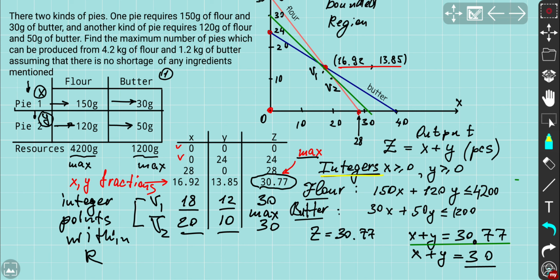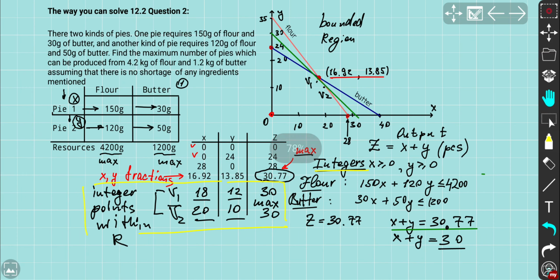Make sure you know what to do in this case. So that's the solution for our problem. As you can see, you have two combinations that both deliver the same maximum output. Make sure you understood how to do this. That was the diet problem. Here is the full solution for that.